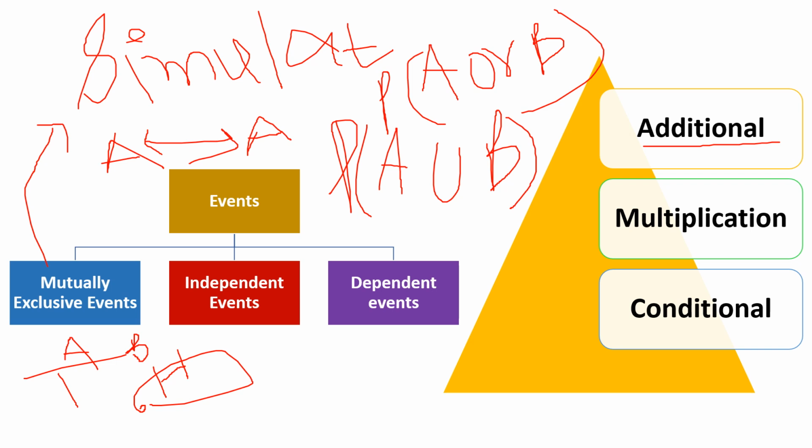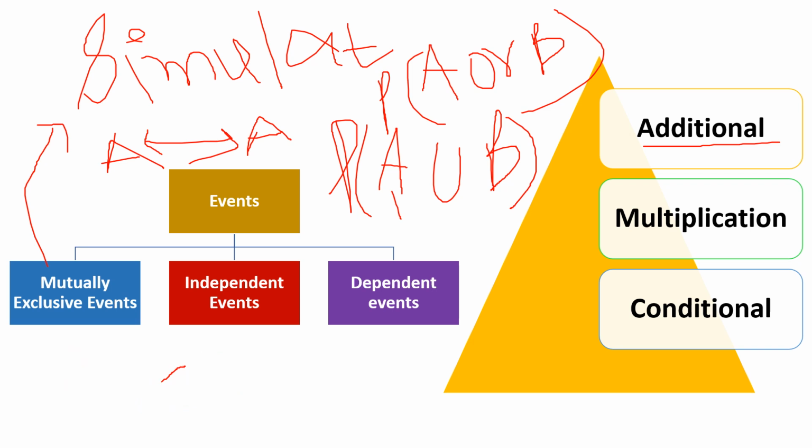If A and B are mutually exclusive, the formula becomes probability of A plus probability of B. If they are not, then probability of A union B becomes probability of A plus probability of B minus probability of A intersection B. This is about the addition theorem.